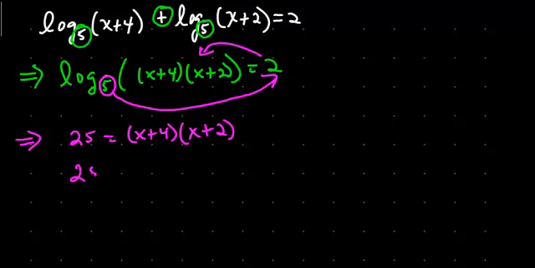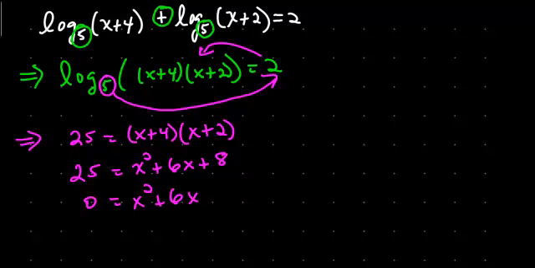So 25 equals x squared plus 6x plus 8. Now we get 0 equals x squared plus 6x minus 17, since 8 minus 25 is negative 17. Yep, that's good.